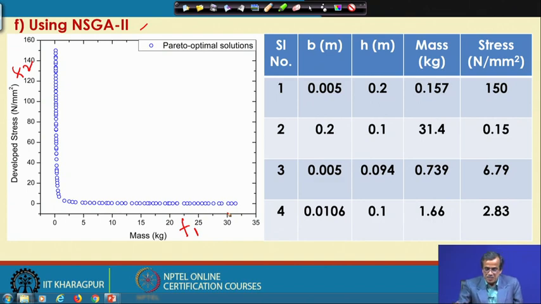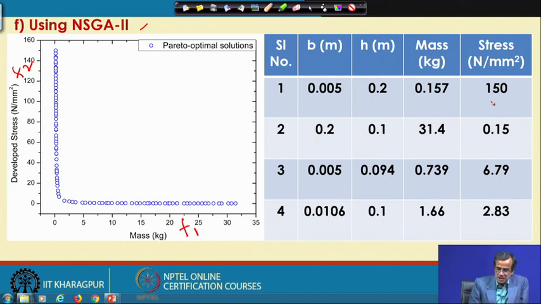On this particular table, we are going to show some of the values of the design variables corresponding to the optimal solutions. For example, if you see solution 1, B is 0.005, H is 0.2, mass is found to be equal to 0.157 and the developed stress is 150 MPa, Newton per millimeter square.